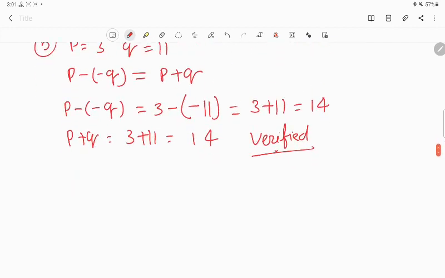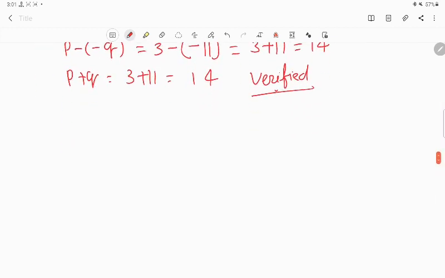Now see next, part C: P is equal to minus 243 and Q is equal to minus 540.